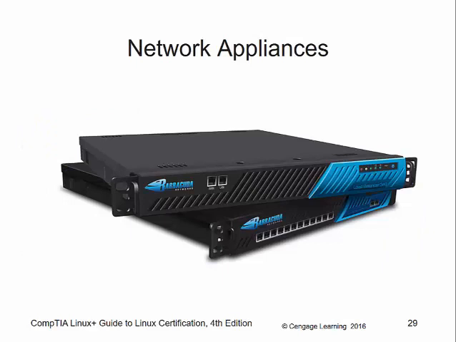Other places we see Linux: the firmware in network appliances. This is a Barracuda load balancer, and I believe underneath it is some type of Linux. Actually, they're both load balancers, but you can also get Barracuda firewalls, Barracuda spam filters, and not just from Barracuda, any number of companies. What is this really?